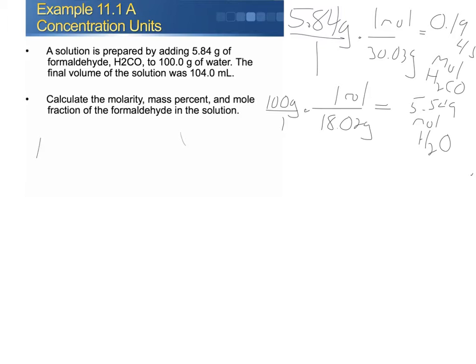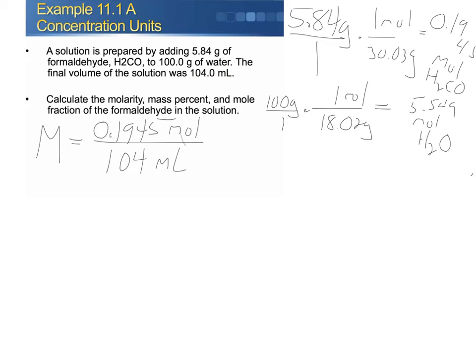Molarity is moles per liter, and we're talking about formaldehyde, not the water. So we have 0.1945 moles of formaldehyde, and then 104 milliliters of solution. That's given in the problem, this 104.